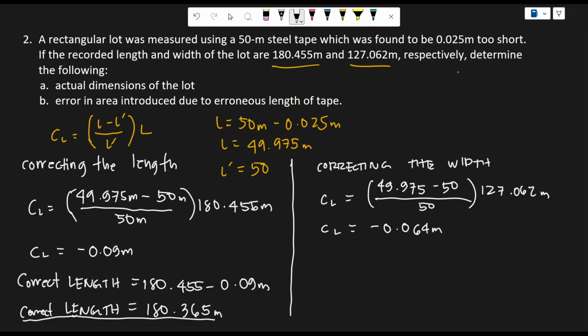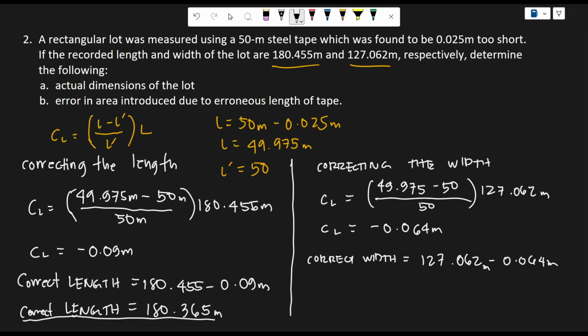Okay? So these corrections are negative. It makes sense because the length of our tape is too short. Okay? So the correct width of this particular lot is 127.062 minus 0.064, right?